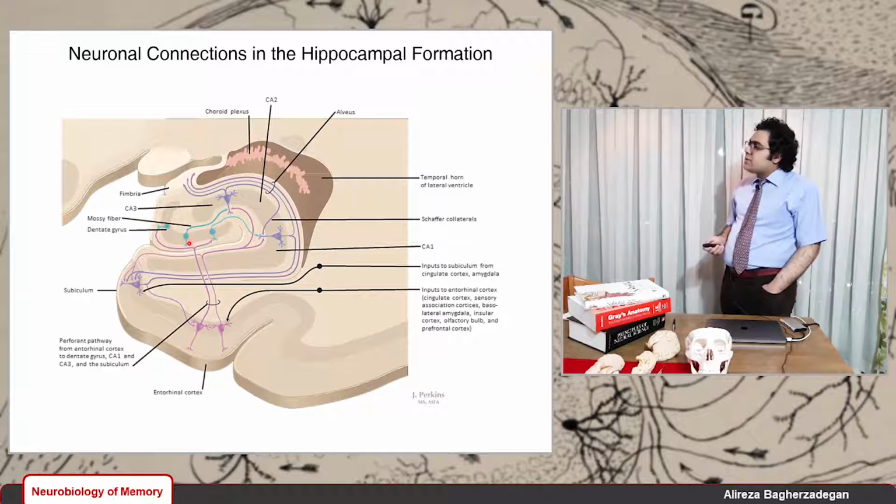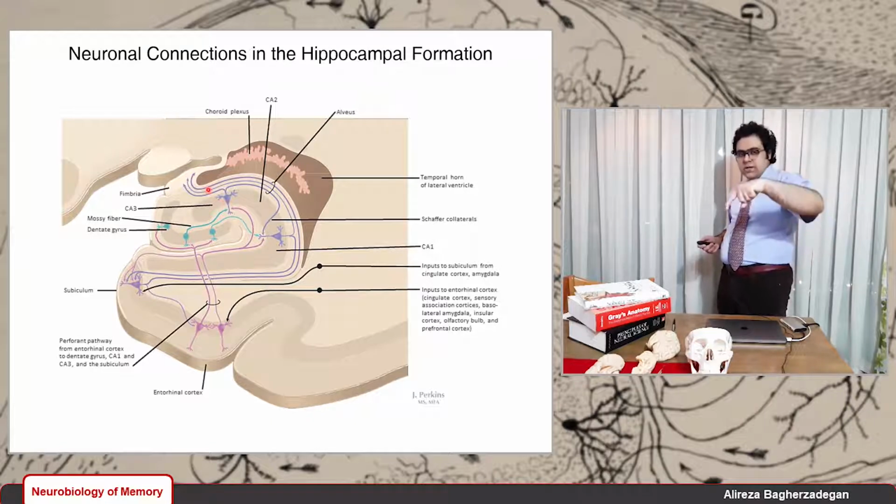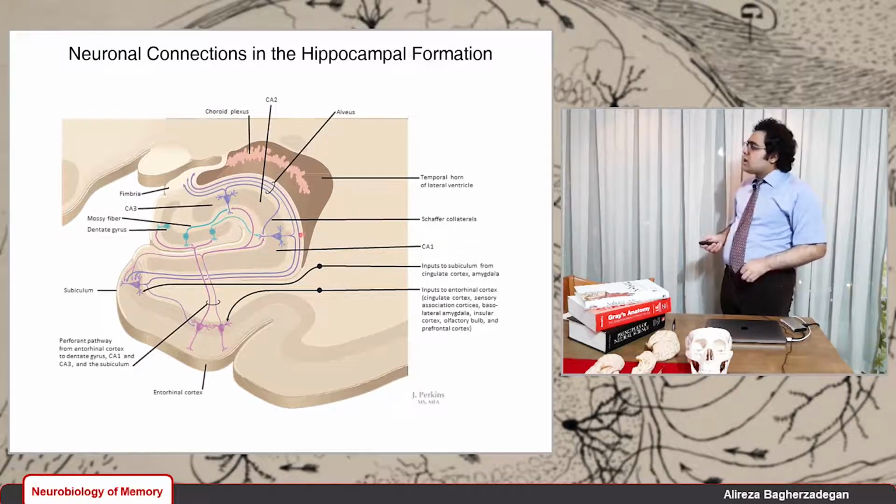Then these granule cells of the dentate gyrus make synaptic contacts with pyramidal cells in the CA3 area via the mossy fiber pathway. And then these CA3 cells send their axonal collaterals to CA1 pyramidal cells through the Schaffer collateral pathway.